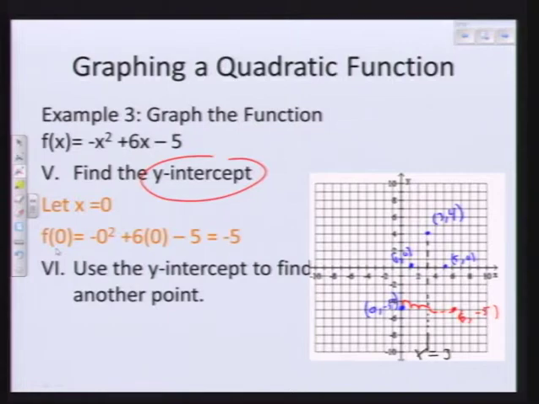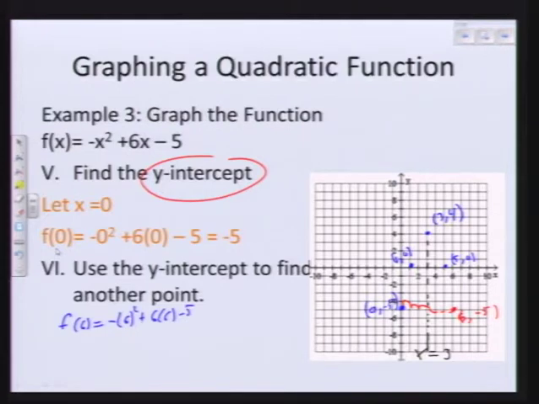And that will also be a point on our graph. In fact, I know everybody's saying, well, let's check that out. So we're going to plug in a 6 into our function to see if that's actually the point on the graph. So we'll have -6 squared, plus 6 times 6, minus 5.